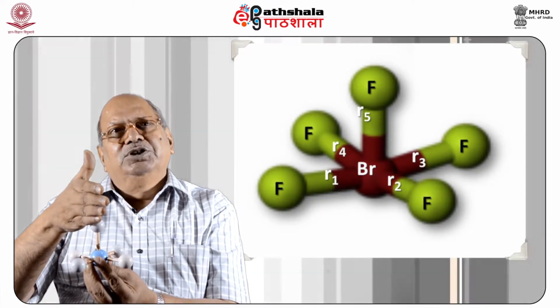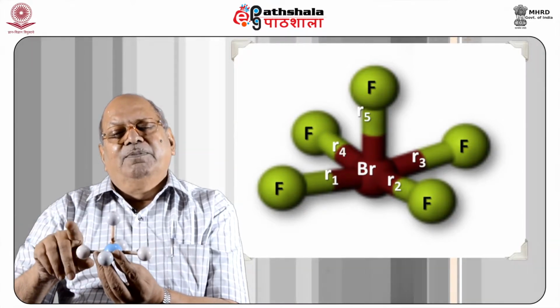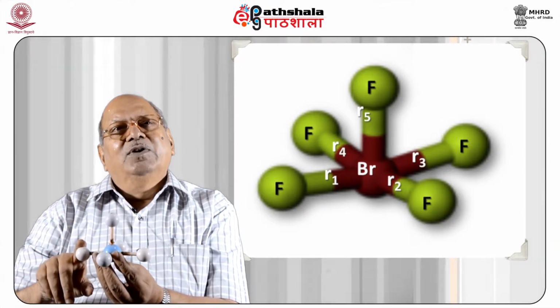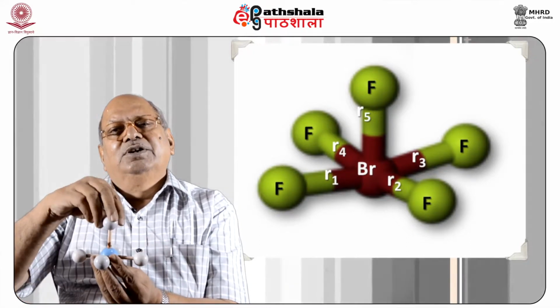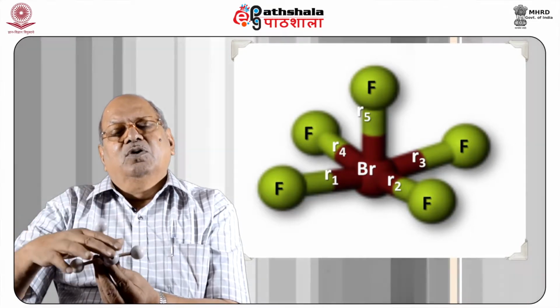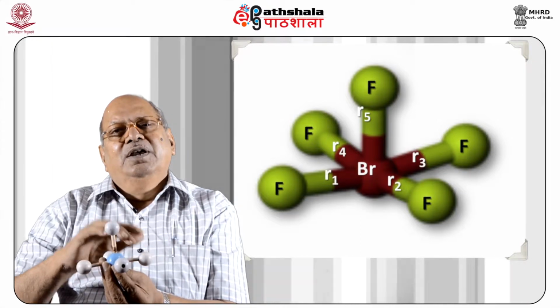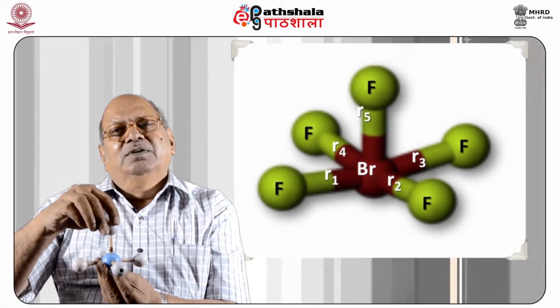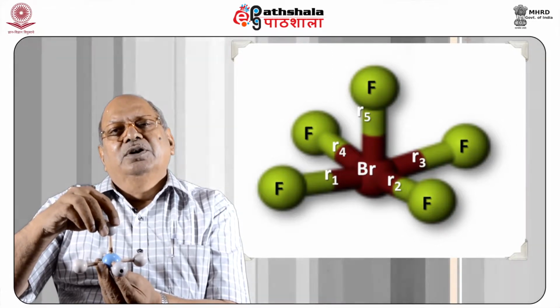Similarly, if we take C2 along the C4 axis, what will happen? If I perform a 180-degree rotation, this atom will go to this atom. It means again all the 4 vectors in the plane are shifted, and the 5th vector, which lies along the C2 axis, is not shifted.